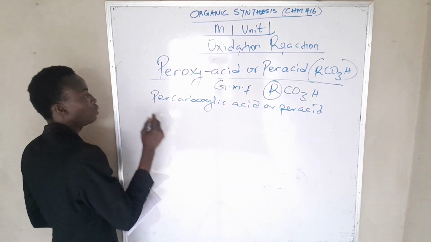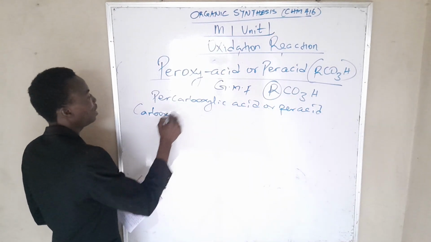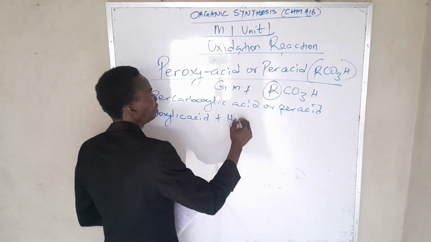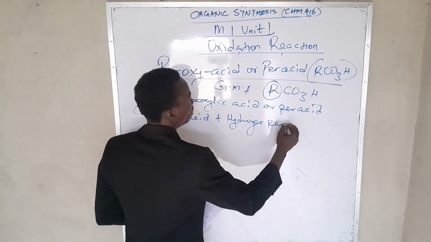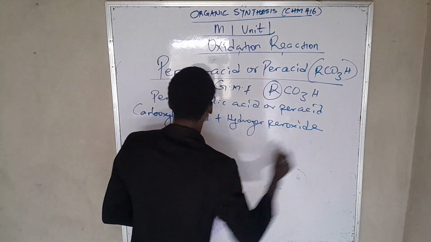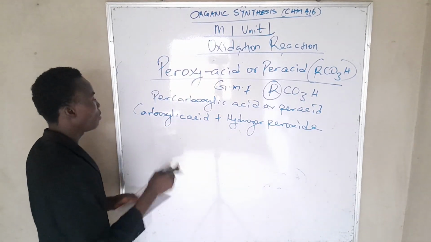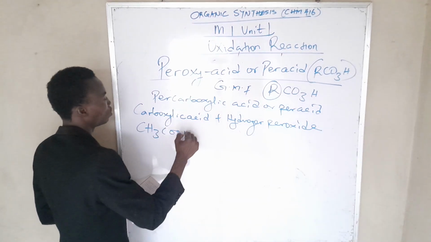Now, the reaction is between a carboxylic acid and hydrogen peroxide. As an example of a carboxylic acid, we can make use of acetic acid, CH3COOH.